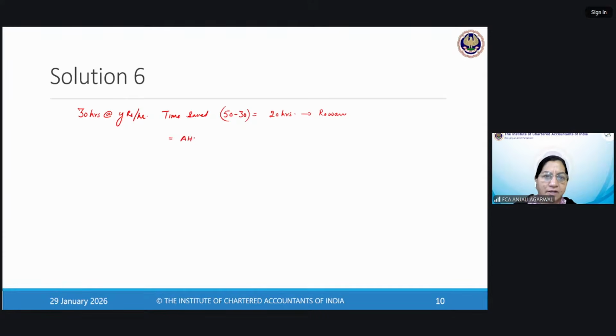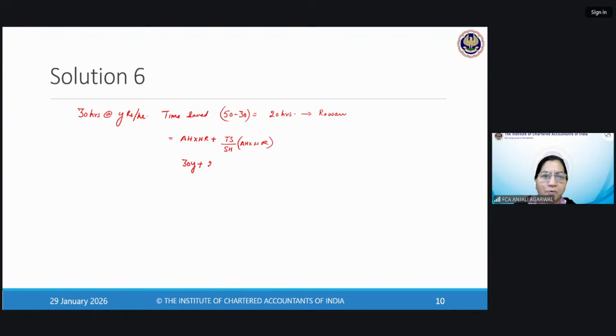Actual hours into hourly rate plus time saved divided by standard hours multiplied by actual hours into hourly rate. So actual hours are 30, hourly rate is Y, 30Y, plus there would be some bonus.